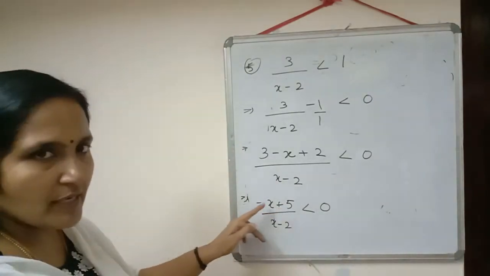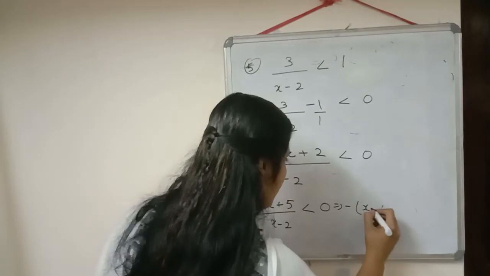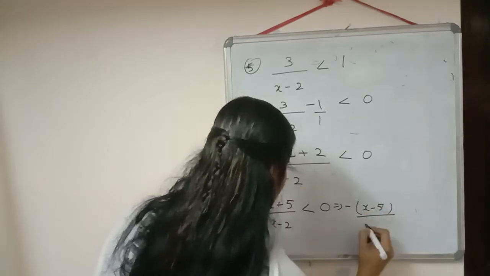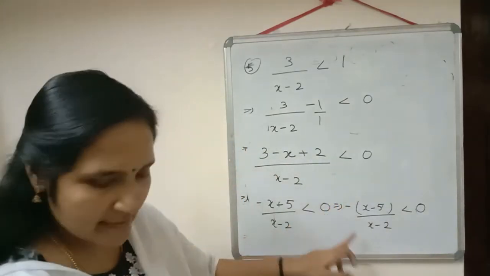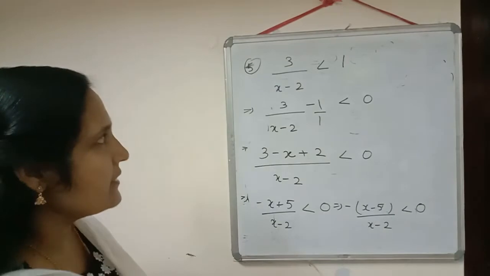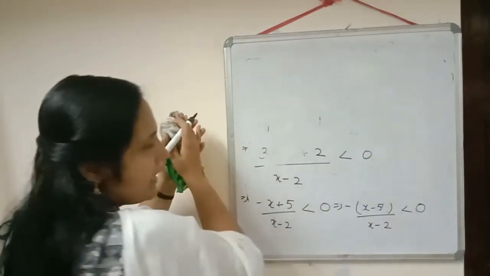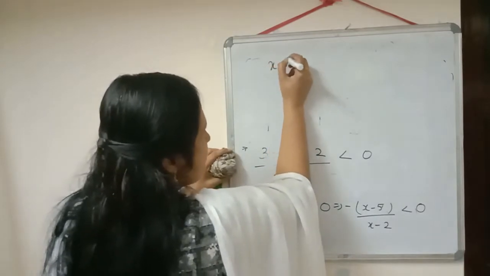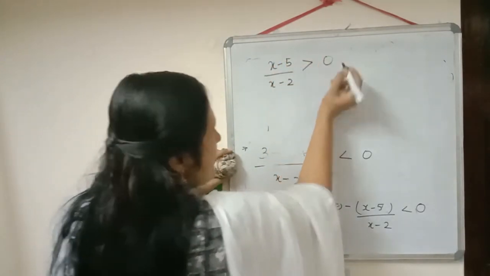Again what we can do, we can take the negative sign outside. Then it will come minus of x minus 5 by x minus 2 less than 0. So when we shift the negative sign to the right hand side, we have to change the sign of the inequality. Then our solution region will come x minus 5 by x minus 2 greater than 0.